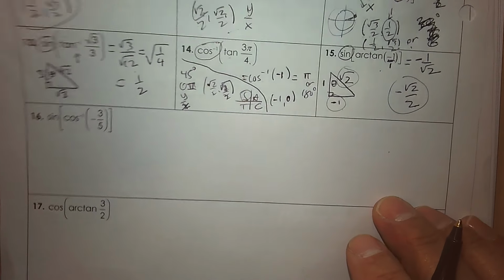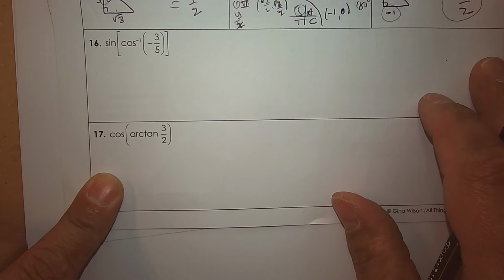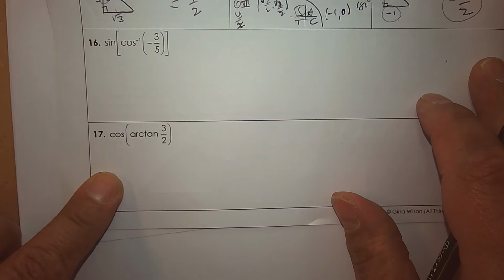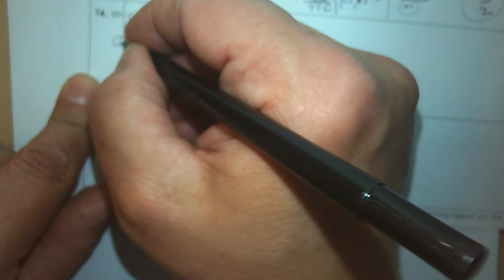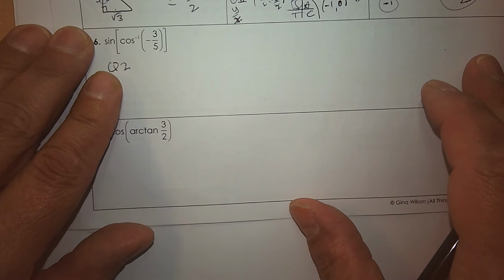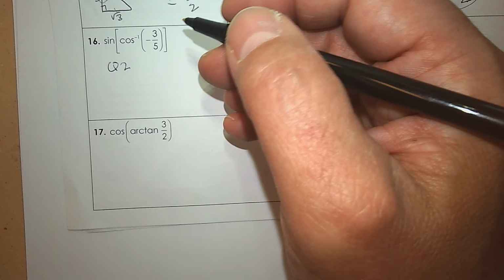16. So inverse cosine that's negative can only be in quadrant number 2. That's by rule, even if the answer key has a different thinking or understanding of that. It has to be in quadrant number 2.